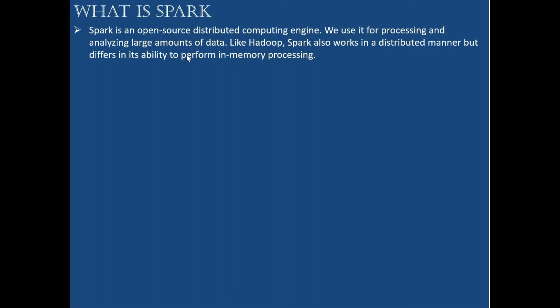Open source means whatever Spark code was written by the Spark founders, you can take that code, make some modifications or configuration changes, and improve the performance if you can. The founders of Spark gave the code, and you have the flexibility to change it.